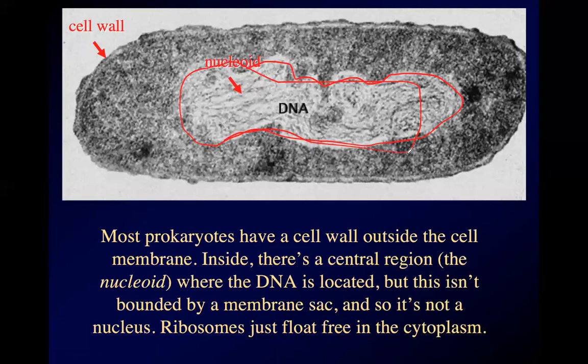It's just floating there in the cytoplasm. And so are the little structures called ribosomes, where a prokaryote translates messenger RNA to make proteins. So remember, in a prokaryote, nothing's really partitioned. Everything's kind of floating around in one big room.